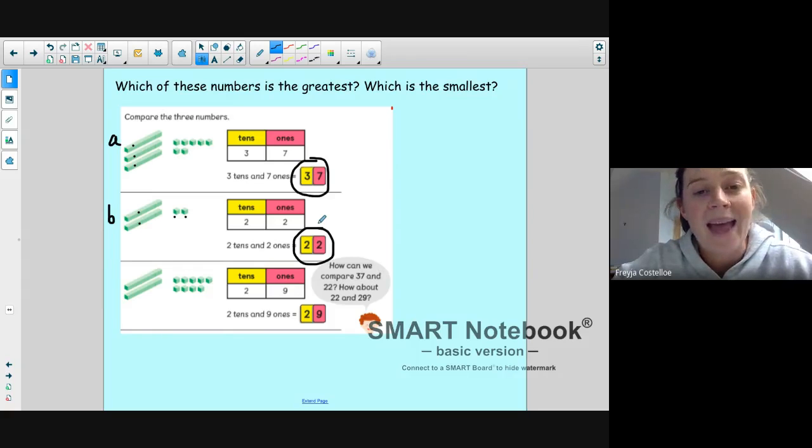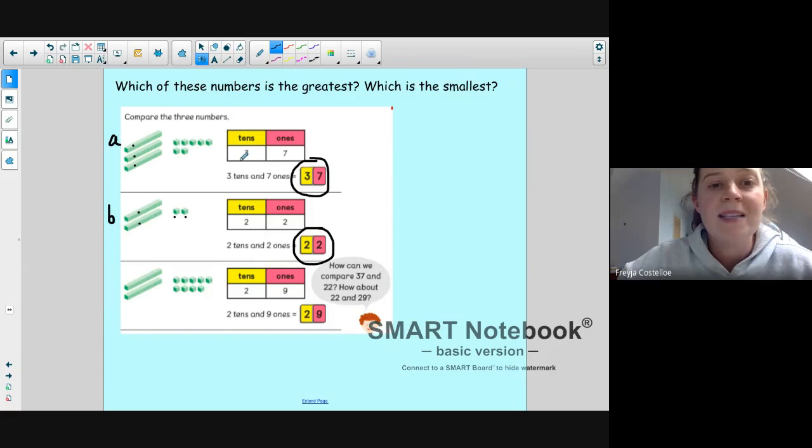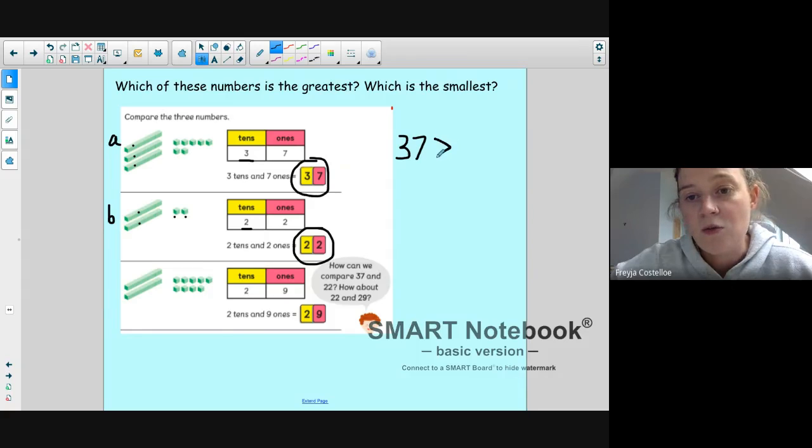We need to compare the tens. Which is a greater number? 3 or 2? It's going to be 3, isn't it? 3 is a greater number than 2. So 37 is greater than 22. Okay?